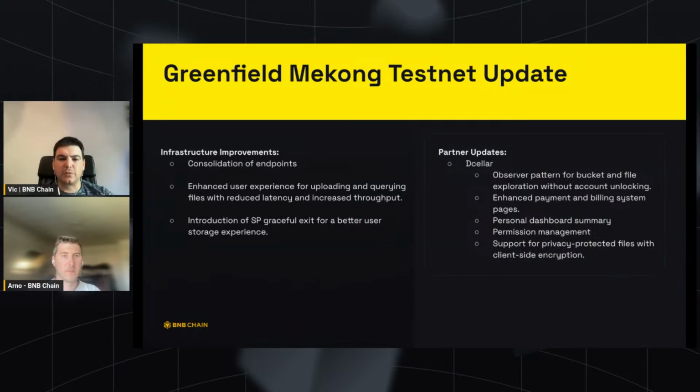So there was some work around permission management and more dashboards, to make it more user-friendly and for users to really be able to use it as a product by itself and not like a scanner or something.